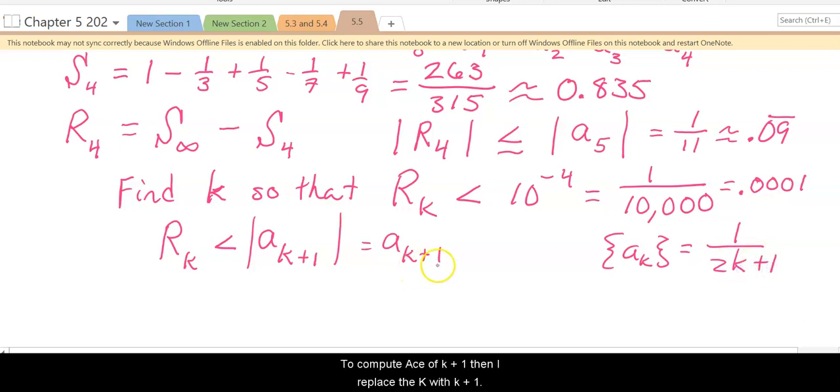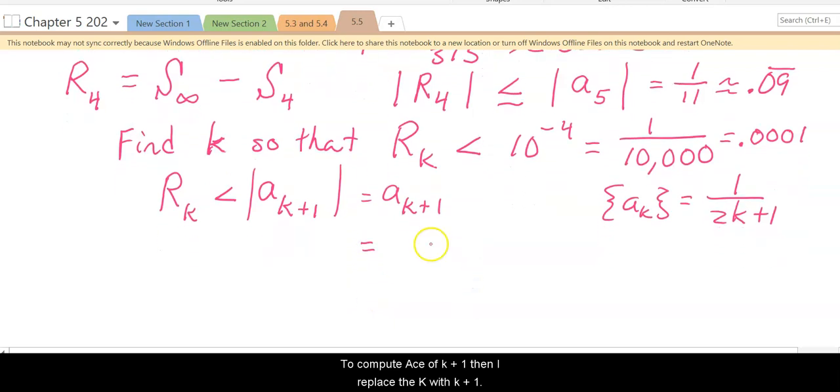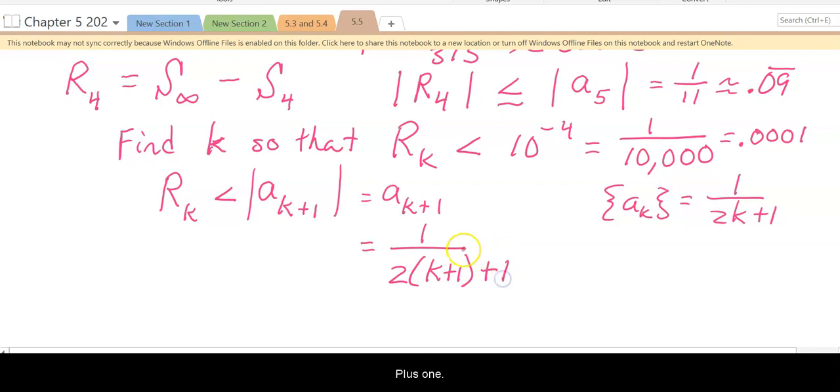To compute A sub k plus 1, then, I replace the k with k plus 1. This becomes 1 over 2 times the quantity k plus 1 in parentheses plus 1. I need this to be larger than the remainder.